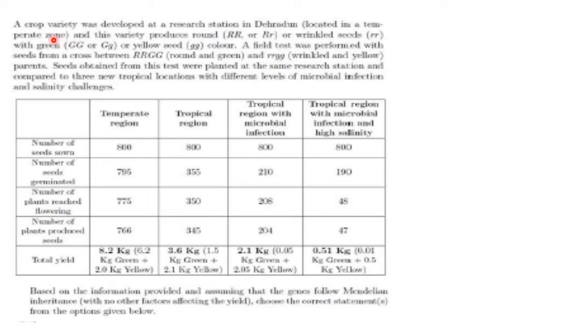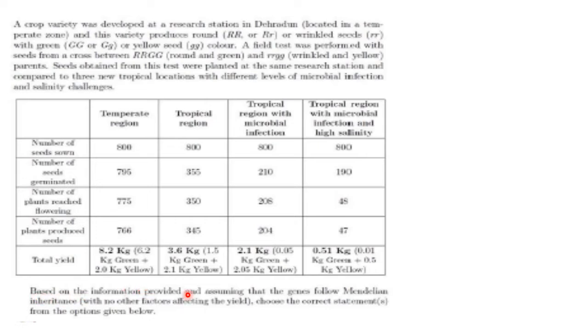Then next, a crop variety was developed at a research station in Dehradun, located in a temperate zone, and this variety produced round or wrinkled seeds with green or yellow seed color. A field test was performed with the seeds from a cross between round and green and wrinkled and yellow parents. Seeds obtained from this test were planted at the same research station and compared to 3 new tropical locations with different levels of microbial infection and salinity changes.